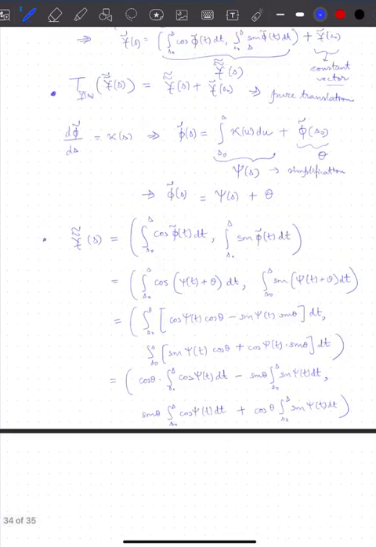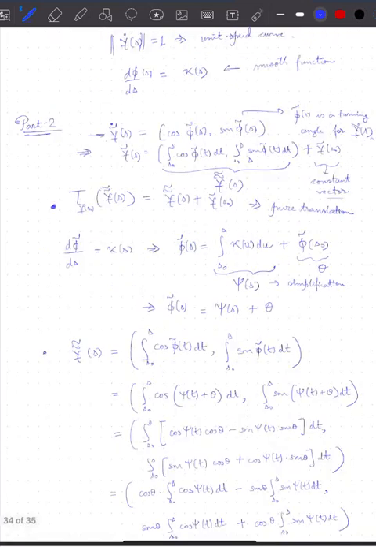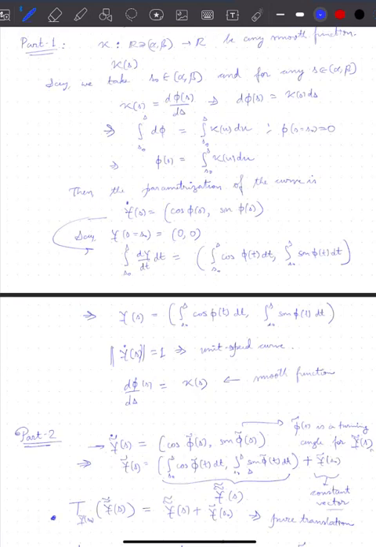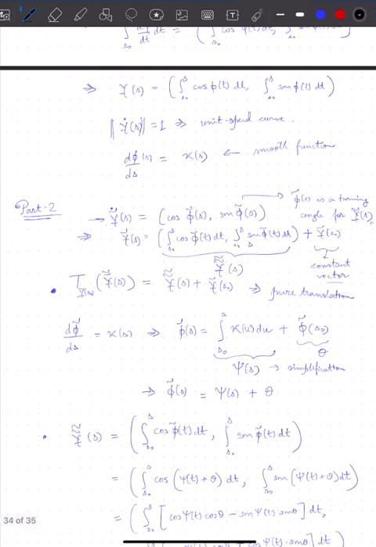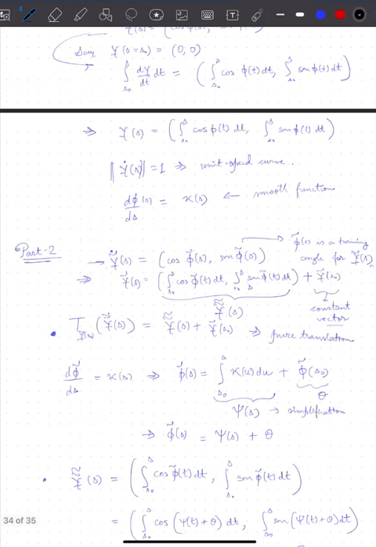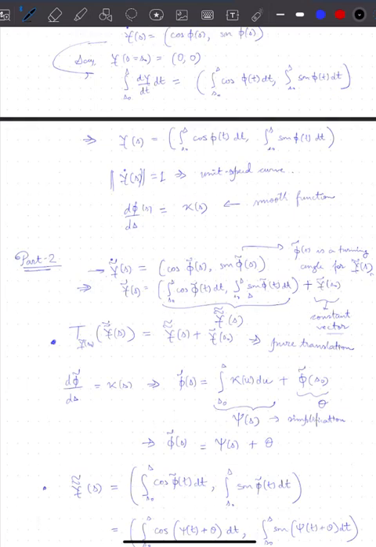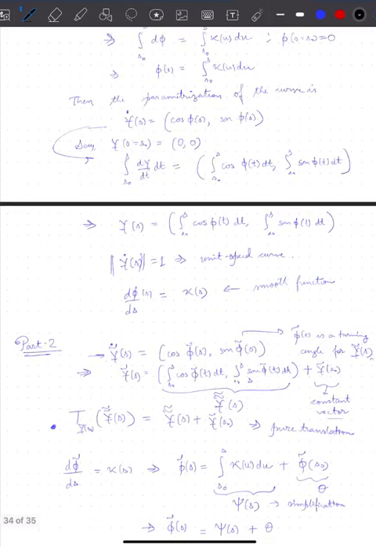Now, I hope you may have noticed a pattern here. So the pattern is, let's take a look at the expression for this case. And of course, I would not even have needed to call it psi. I was just starting with psi of s. But when you take a look at psi of s and phi of s, they have the same expression, right?